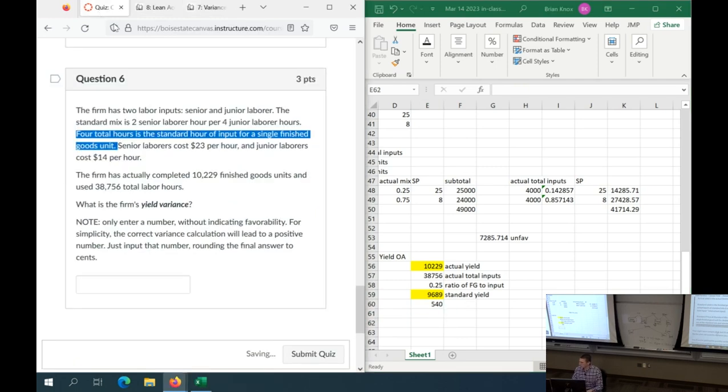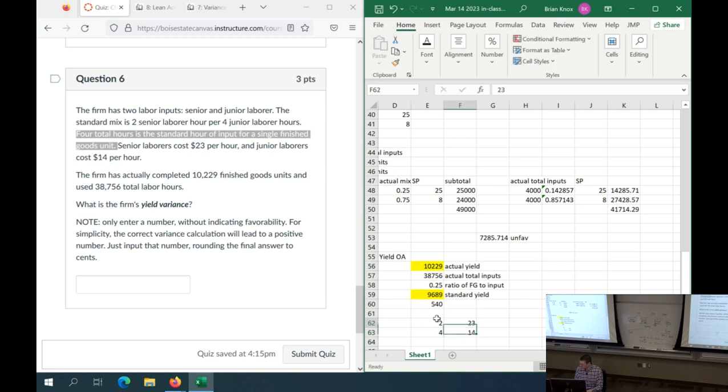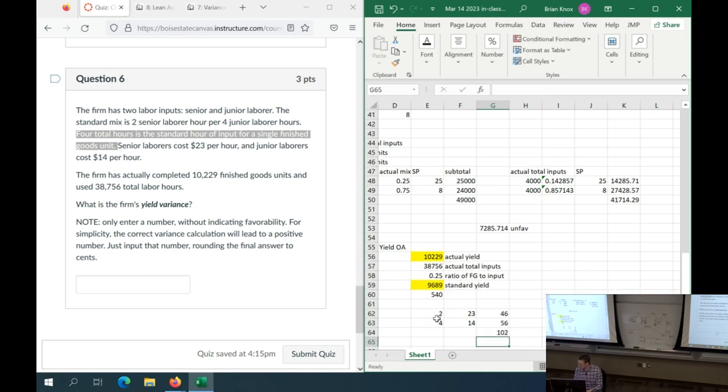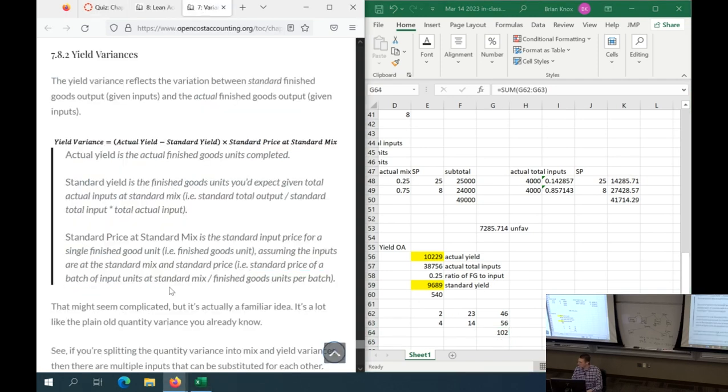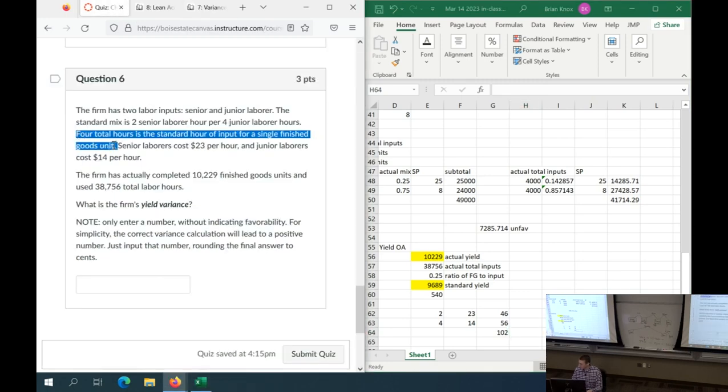Okay, let's go to the problem. At the standard mix of 2 to 4 and 23:14, so standard price of a batch of input units at standard mix divided by how many finished goods units there are per batch. So I created a batch with 6 labor hours at $102 per that batch. Here, it says it takes 4 for a single finished goods unit.